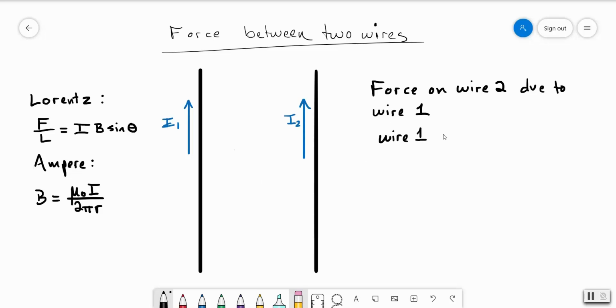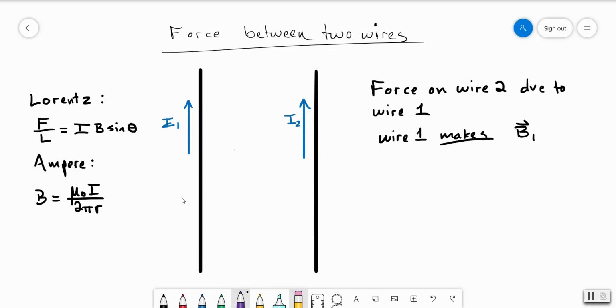So wire 1 makes a B field that we'll call B1, the magnetic field due to wire 1. And now remember, that's everywhere, but we're only going to think about where it is and its value in reference to wire 2. So what we're really interested in is, hey, what is that magnetic field over here at wire 2? Now the first thing that we're going to do is create our magnetic field lines.